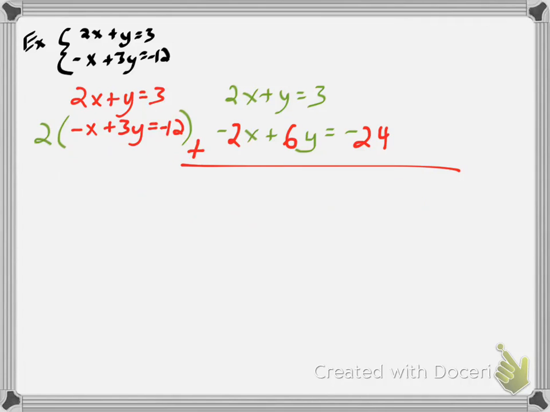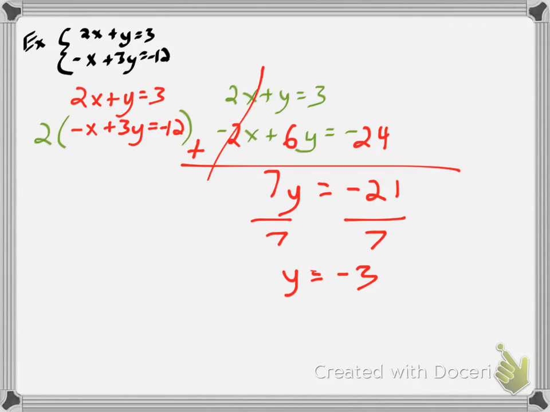2x plus negative 2x is 0, cancels out. Y plus 6y is 7y. 3 plus negative 24 is negative 21. Divide both sides by 7, and I get y is equal to negative 3. Now I substitute back into one of the equations.